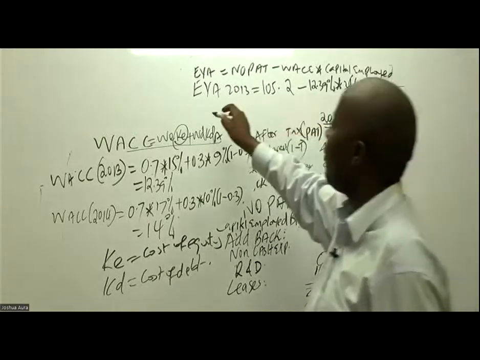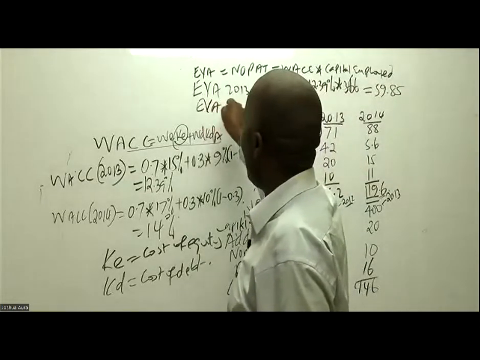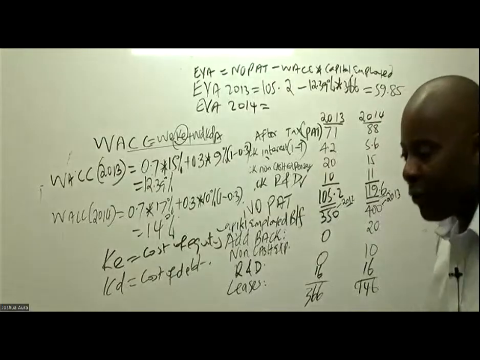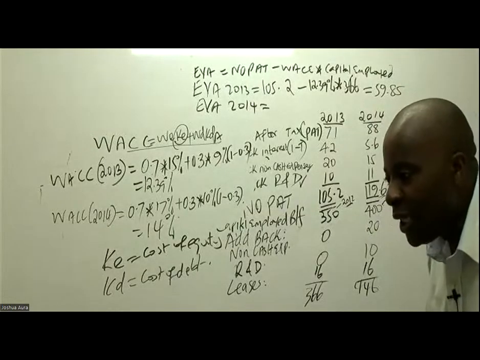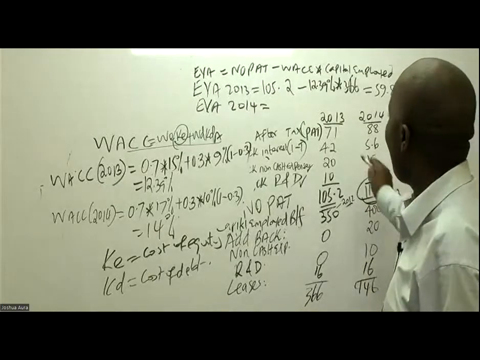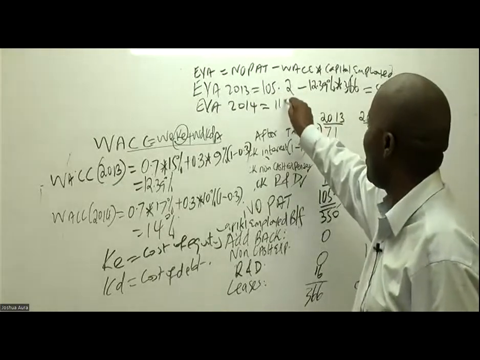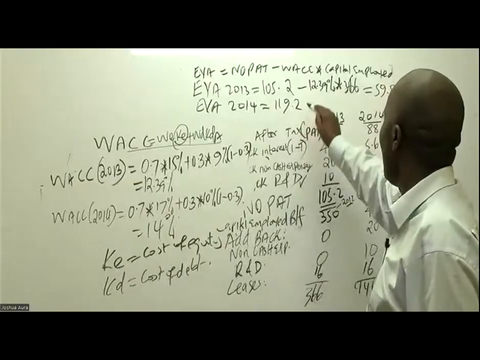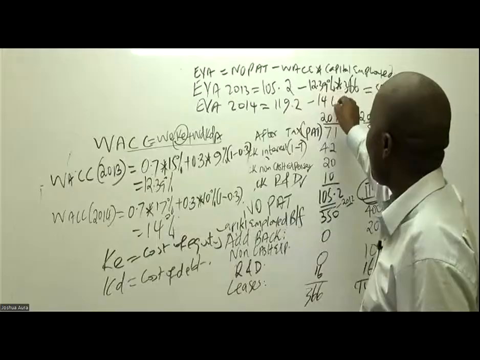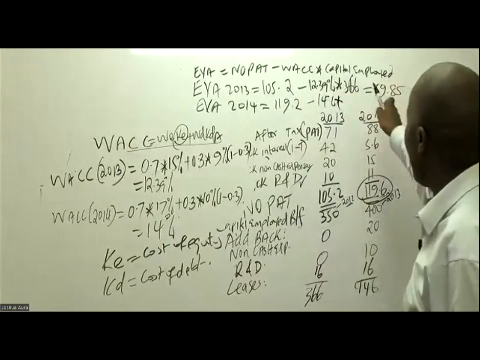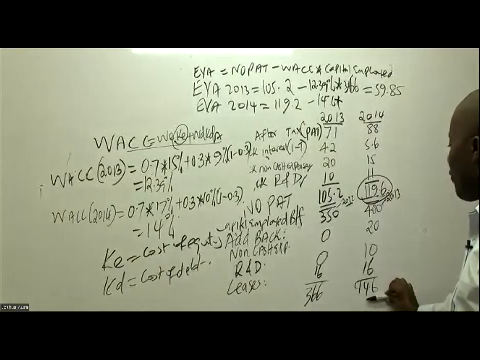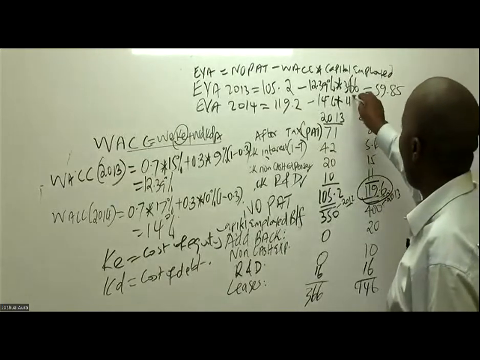And then now we have EVA for the year 2014. For the year 2014, NOPAT is 119.2 minus the WACC for 2014, which is 14%, multiplied by the capital that was employed in 2014, which is 446.